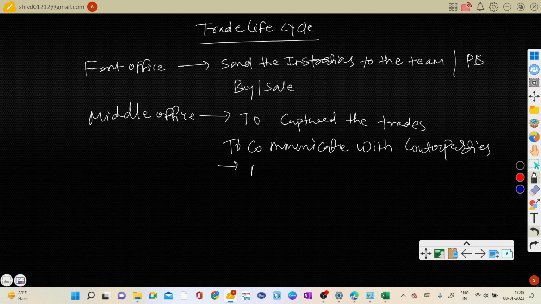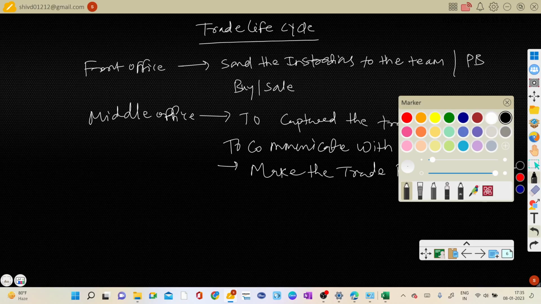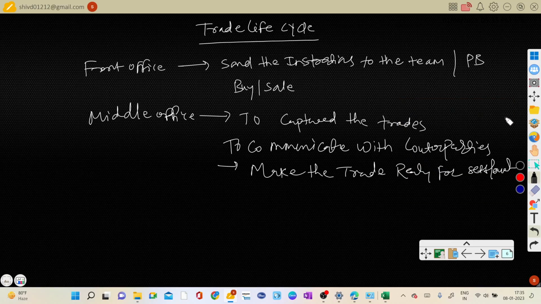And make the trade ready for settlement. Settlement: sign the documents.